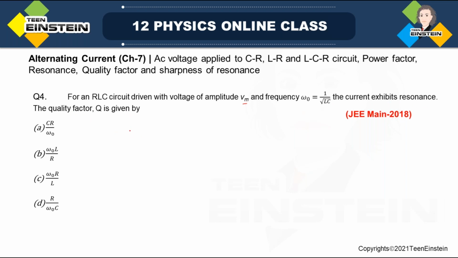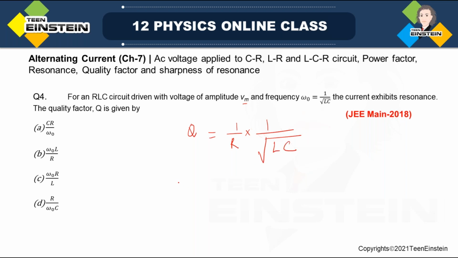The quality factor Q. So you know quality factor, the sharpness of resonance; quality factors are there in the resonance curve. So quality factor is defined as Q is equal to 1 by R into 1 by root over LC.